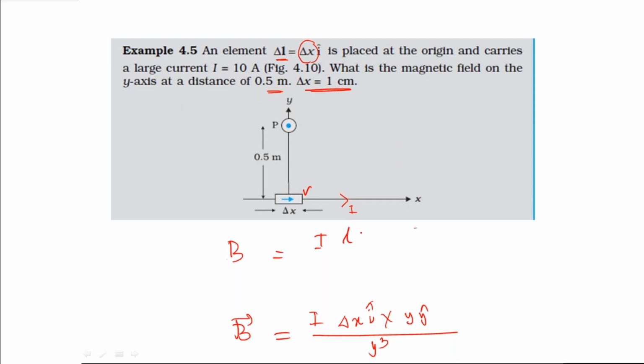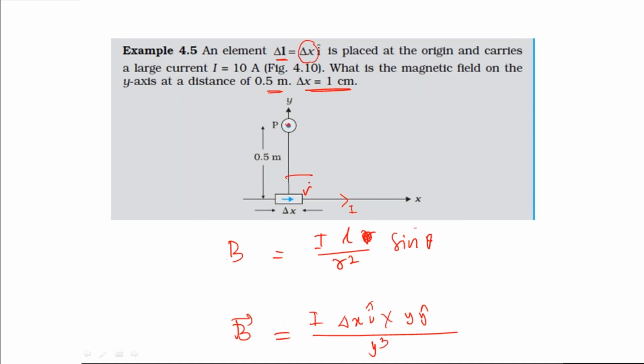If I write the magnitude, then I should have written I dL, and r will be r square, and sine theta, the angle between the element and the radius vector. Radius vector means the distance from the element to where I am calculating the magnetic field.